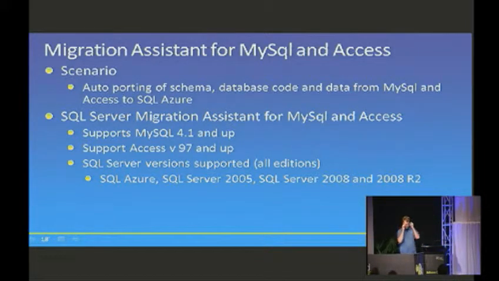So you're able to take your Oracle, MySQL, and Access databases, and Microsoft now provides you with a wizard to take that database schema and data and move it to the cloud. We support MySQL version 4.1, Access 97 and up, and all versions of SQL Server.